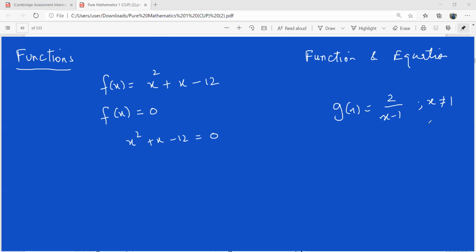Yes, that when x is equal to 1, this function is not valid. So we are indirectly given a value: you put whatever you want in it, but don't ever put 1 into it. For this one, your function will be undefined because 1 minus 1 is 0, so this will go on to infinity. This will be an undefined function.